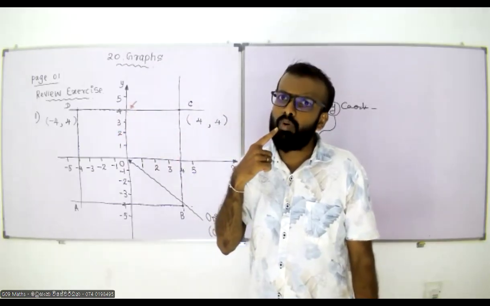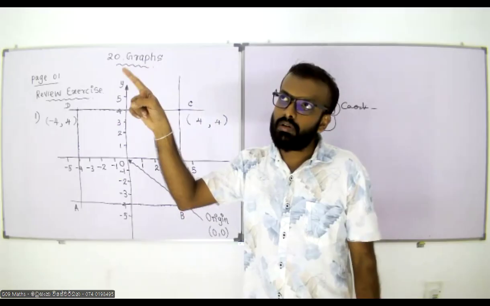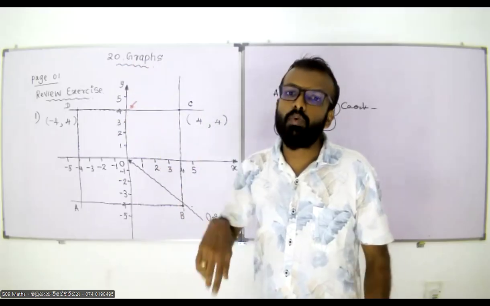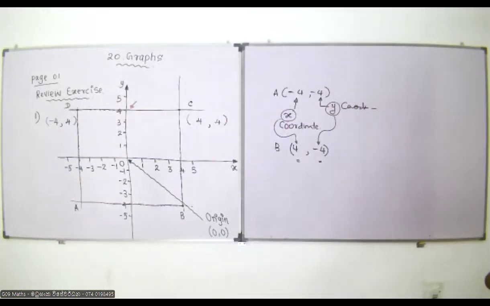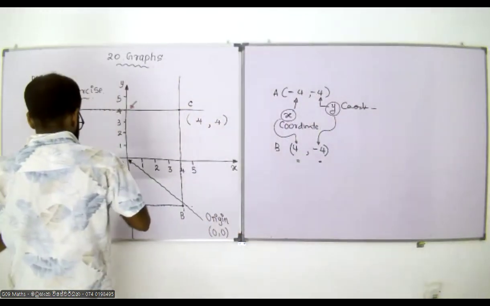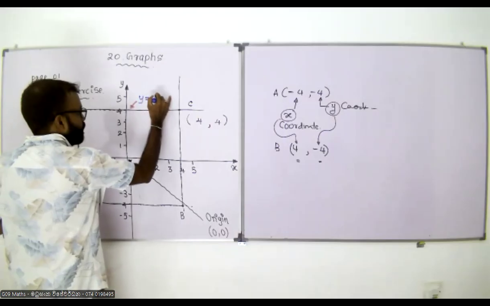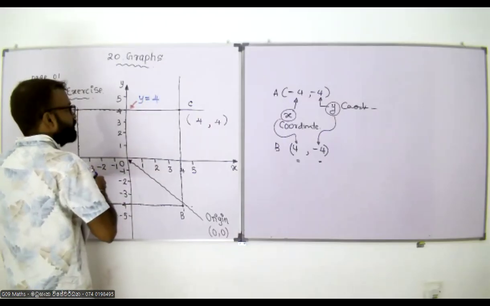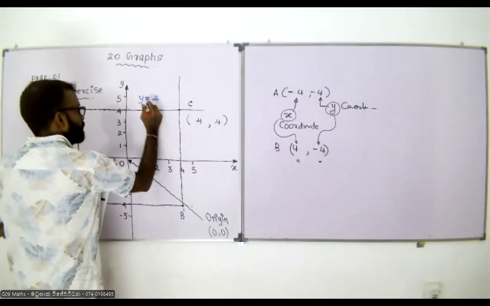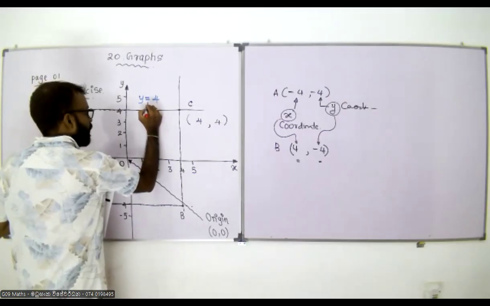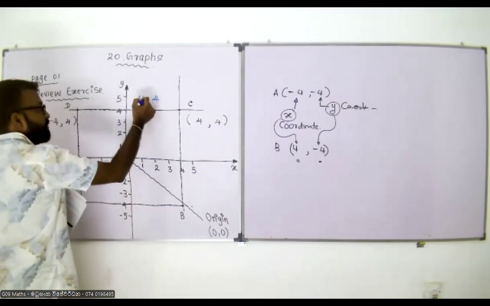So how do I write the equation? Y equals 4. I will use a different color so that you can see. y equals 4 is the equation of the CD line.